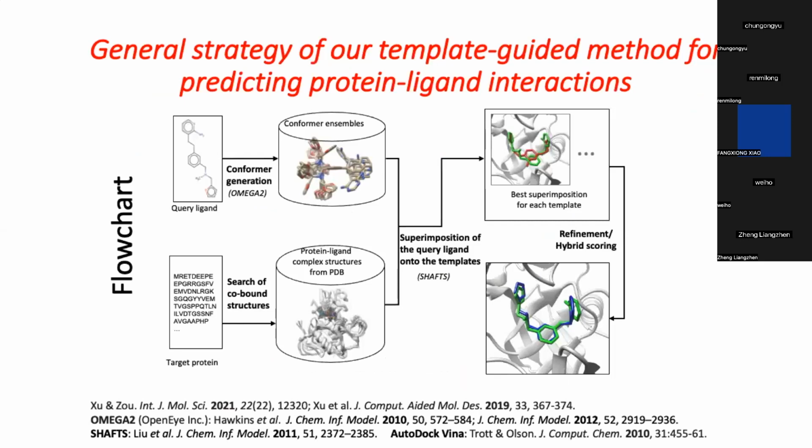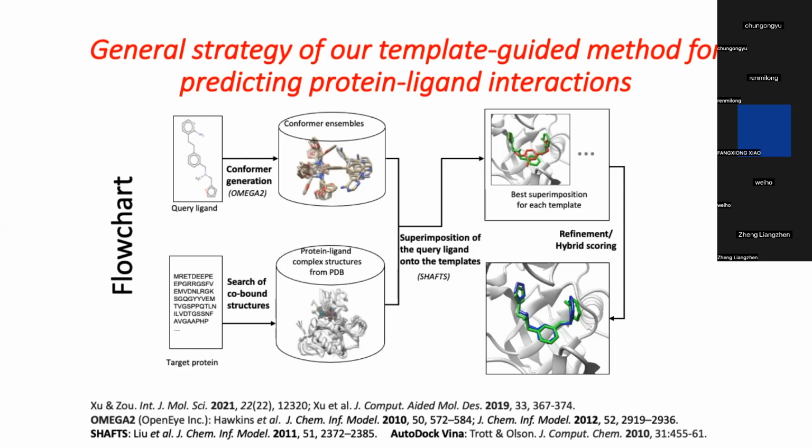So here's the general strategy of our template-guided method for predicting protein-ligand interactions, described in a paper published last year. Here's the flow chart. For a query ligand, we use OMEGA from OpenEye to generate up to 200 conformers based on the given SMILES string. For each target protein, we search the Protein Data Bank for homologous proteins with co-bound structures.